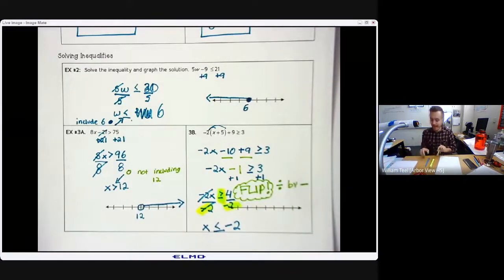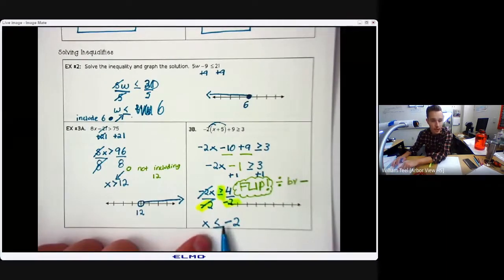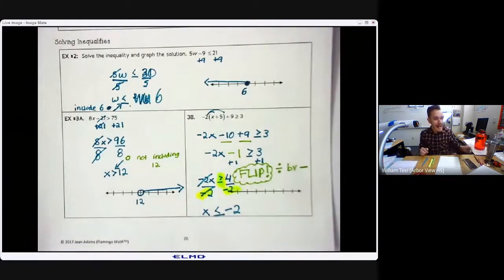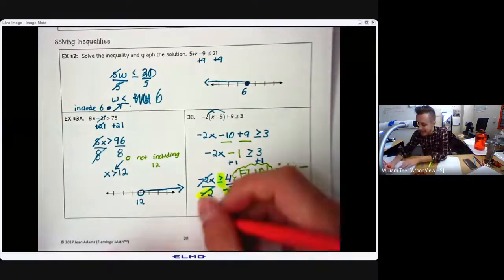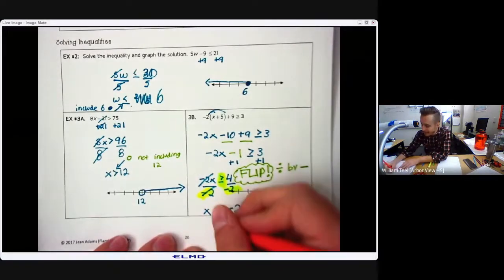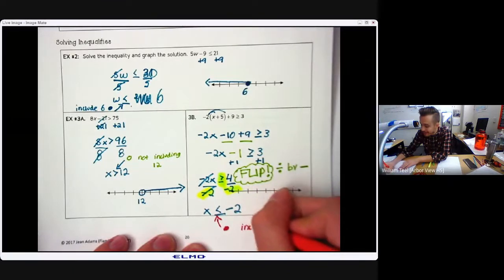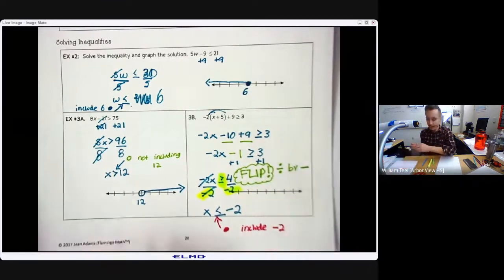All right, so now let's go ahead and draw this on the graph. So I'm going to put -2 on this graph. Now think to yourself, is this going to be an open dot or a closed dot? Since I have this equals right down here, it's less than or equal to, that implies that you are going to have a closed dot. We are going to include -2, okay?